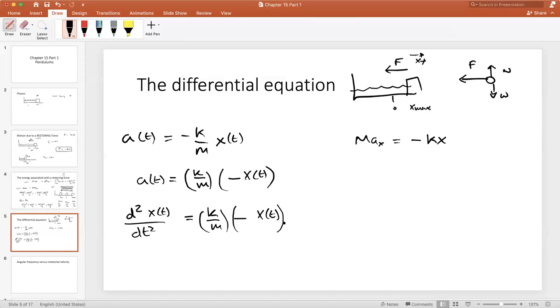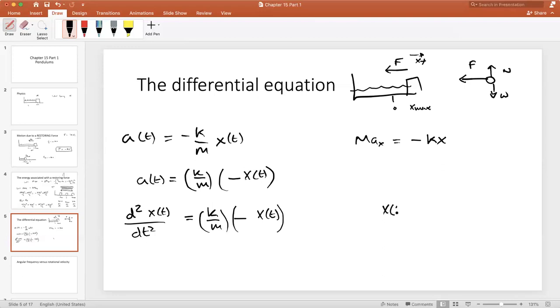One of the really nice things about physics and biology and chemistry and humanity in general is that most of the systems we care about are periodic. And if they're periodic, we have some really easy periodic functions that we all know, that we're all familiar with. The two that we're going to use are sine and cosine.